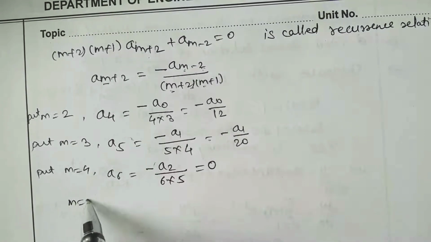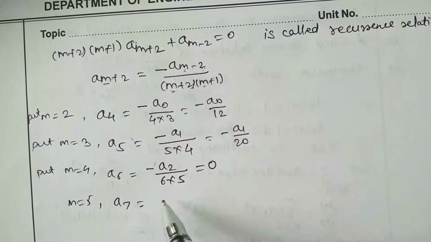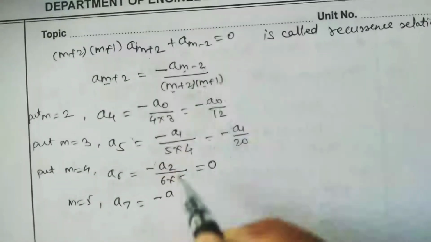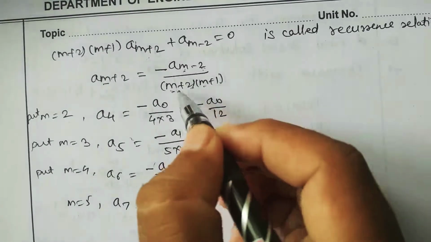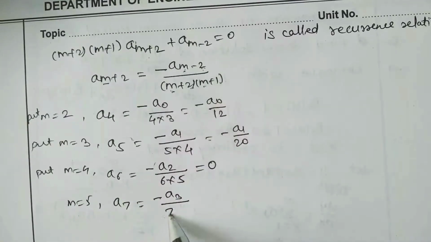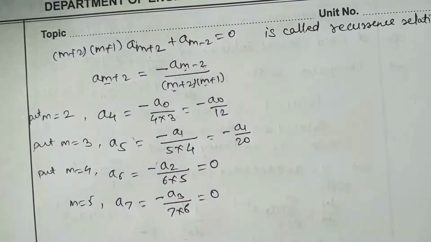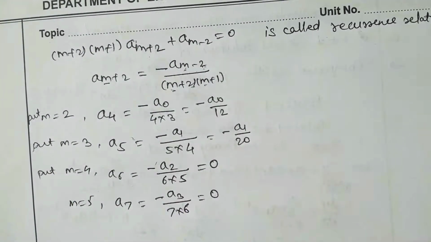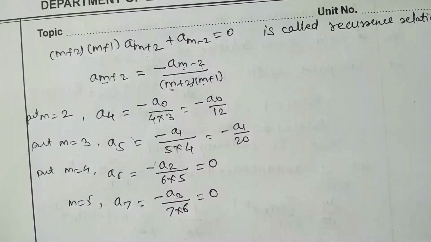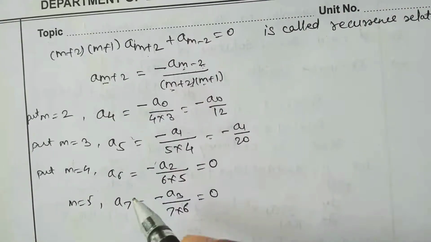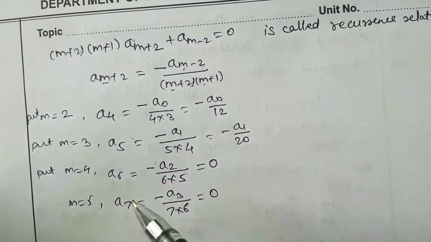For m = 5, we will get a7, which is -a3 / (7 into 6). Also the value of a3 is 0, so this term becomes 0 and so on. So you will get the values of a2, a3, a4, a5, a6, a7 in terms of a0 and a1.